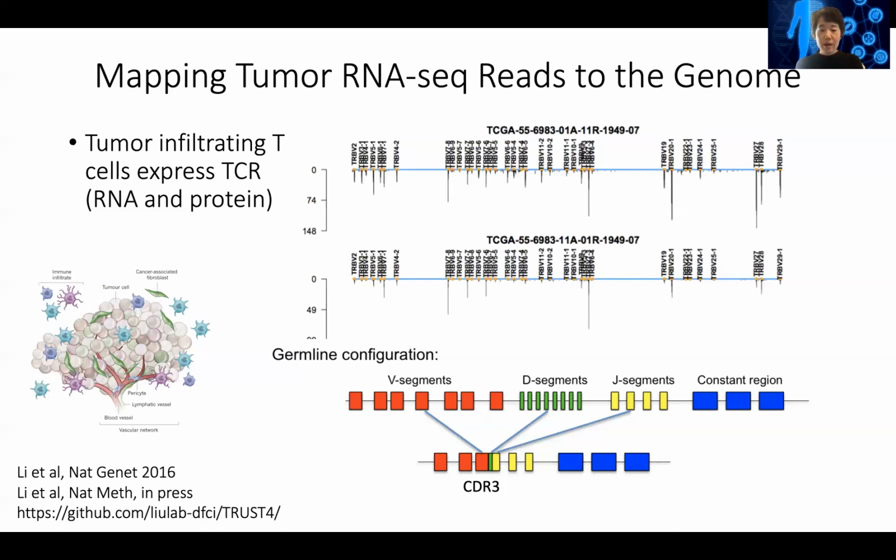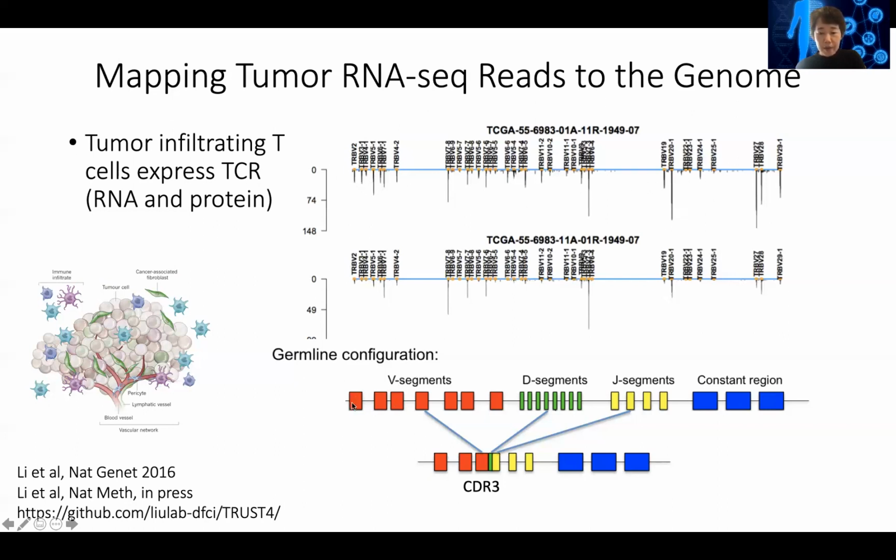And so if we actually look at the reads that are mapped to the T cell receptor sequences, for example, this is in TCGA, you can see some RNA-seq reads that are mapped to the V segment of the T cell receptor gene segment in here.